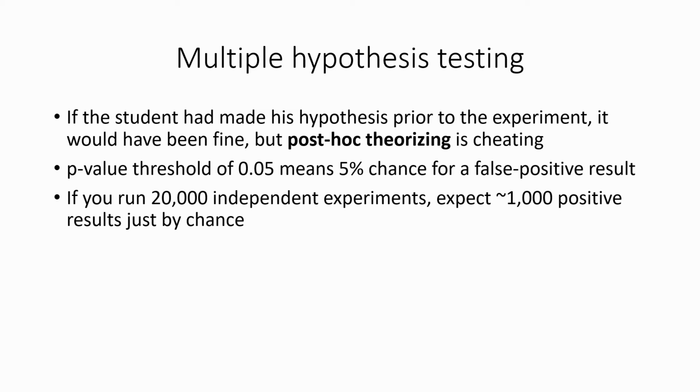So even if the null hypothesis is true, there is still a 5% chance that we reject it for no good reason, just due to randomness. So in our case, with 20,000 independent experiments, we should expect something like 1,000 positive results just by chance, just by random perturbation. Sometimes we get something that looks like signal, even though it's just noise.